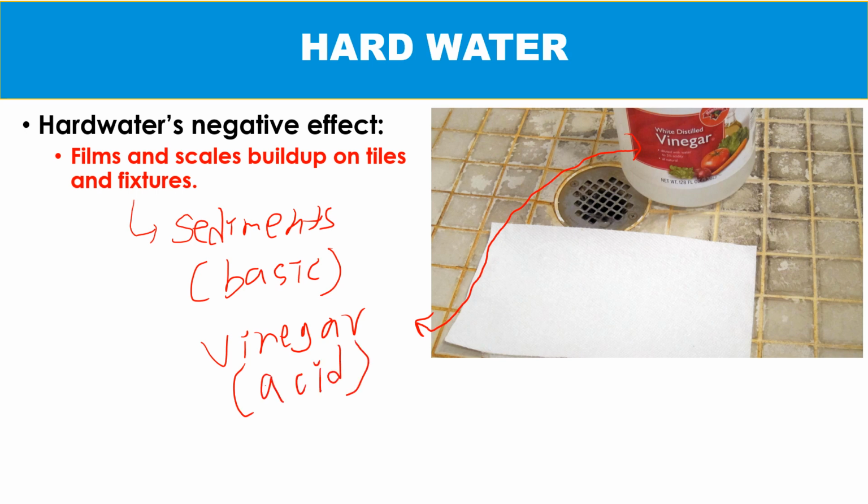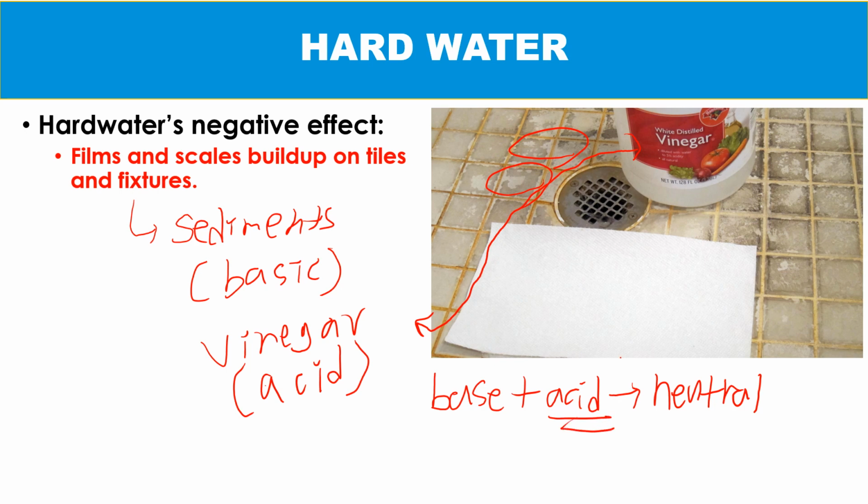One thing that a lot of people in grade 8 may not know is if a base solution meets an acid solution, they undergo a neutralization reaction, which turns the solution into a neutral level. During that process, some of the buildup that you see on your tile will be dissolved and disappear. So that's why acid is what people use in order to get rid of those buildups.